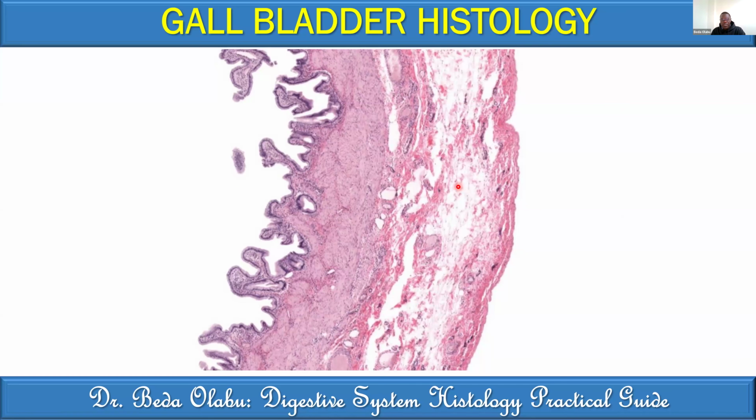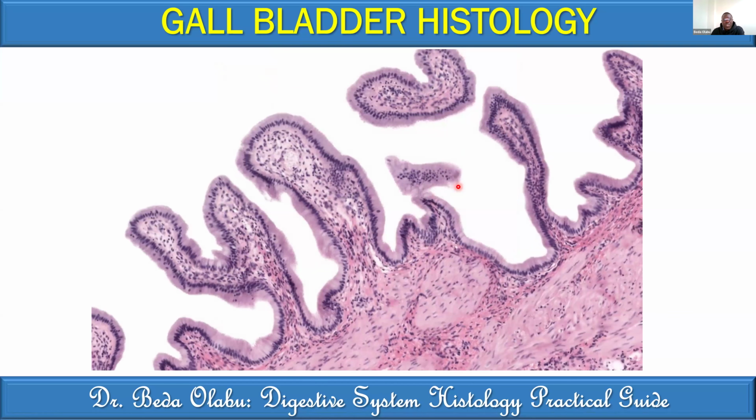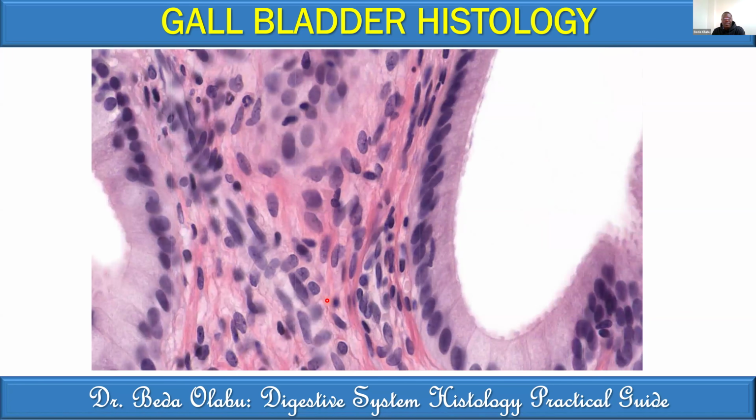Nothing much about that. At higher magnification, what do we notice? We notice that the epithelium is simple columnar epithelium, and it's lining the folds of the mucosa. So it is important to note that the epithelium is simple columnar.